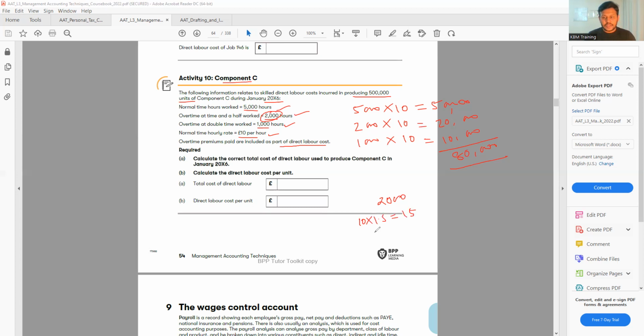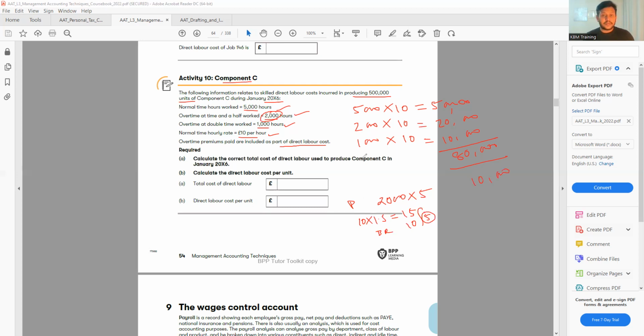My basic rate is 10, so the premium per hour is actually 5. So 2,000 times 5, the premium will be 10,000 for the first one.